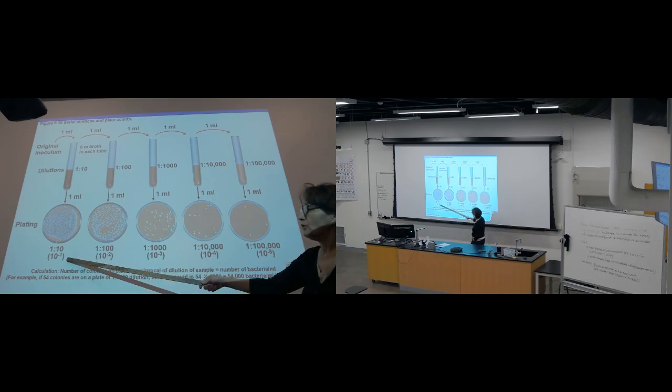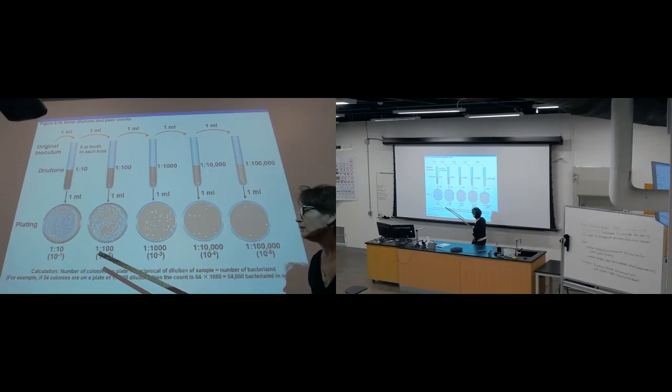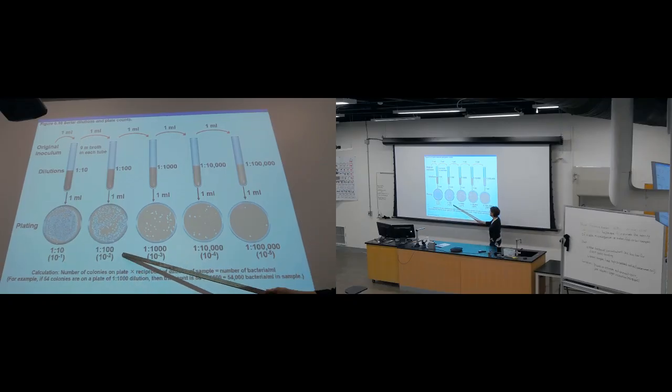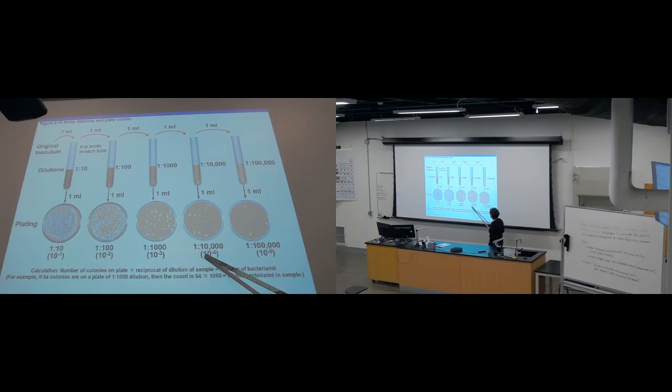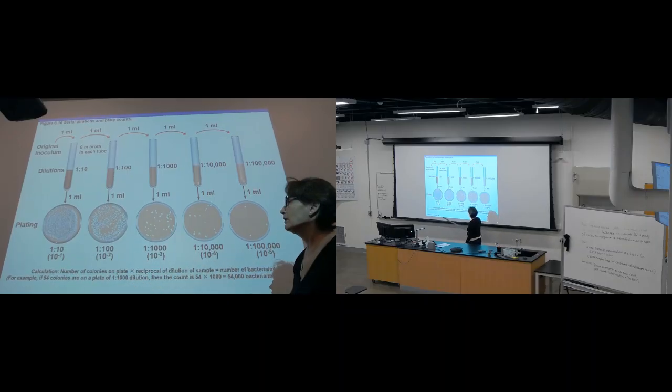So for your plating, this will be the 10 to the minus 1, this will be the 10 to the minus 2, 10 to the minus 3, 10 to the minus 4, 10 to the minus 5. One way that you can think about this is by counting the number of zeros in here. So here you have 5 zeros, 4, 3, 2, and 1.